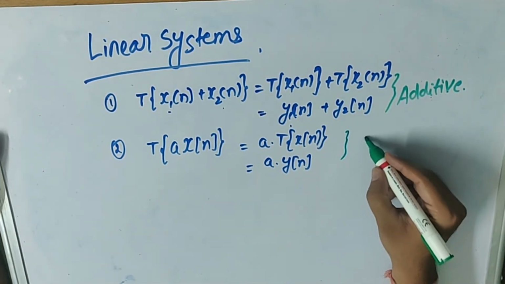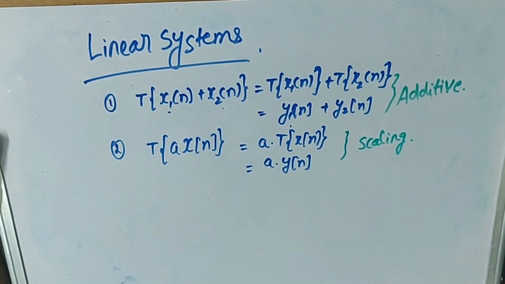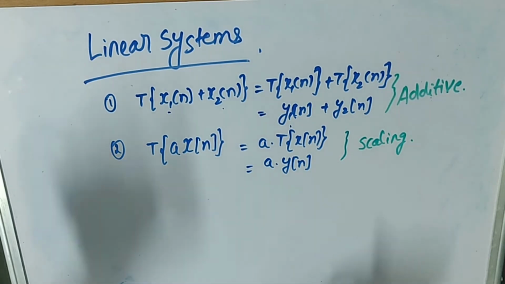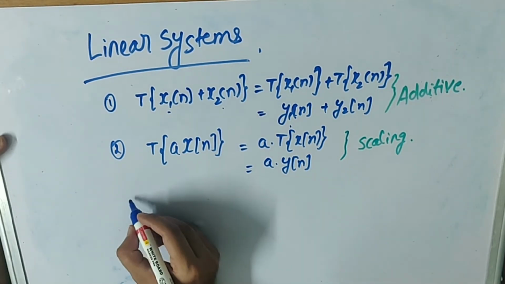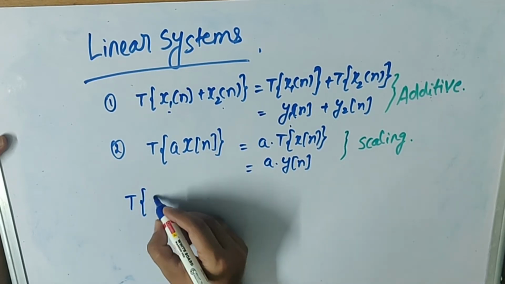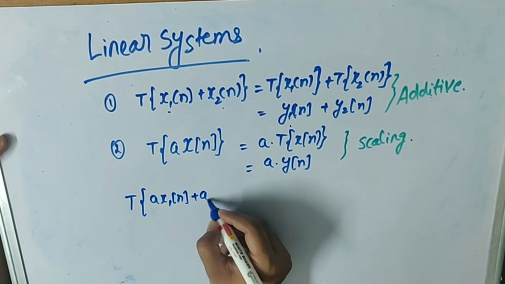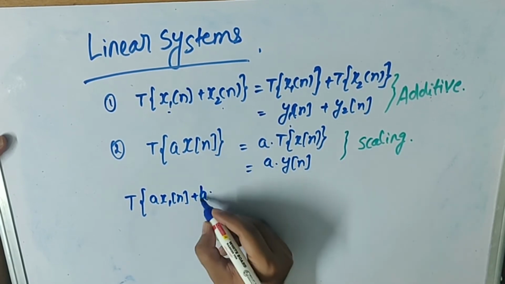This is nothing but scaling. What if we combine both of them? If we combine both of them, we can write this as T{a x1[n] + b x2[n]} = a y1[n] + b y2[n], where b is any other constant.